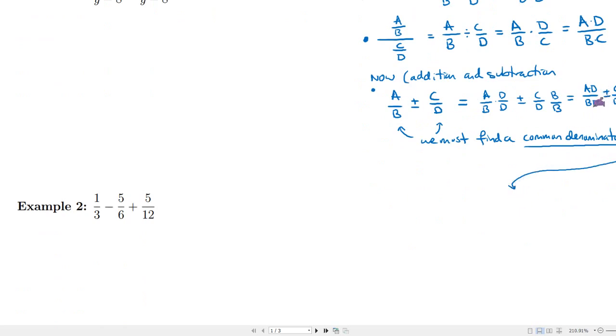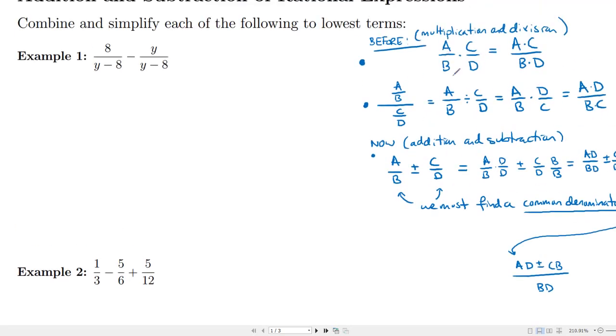Once you have a common denominator, you either add or subtract the corresponding numerators, and then you put that over the common denominator. I'm writing everything in general, but the key difference is that when you're adding and subtracting, you must find a common denominator. That's not necessary for multiplication and division, because each of those can be translated into multiplication, and then you just multiply the numerators and denominators.